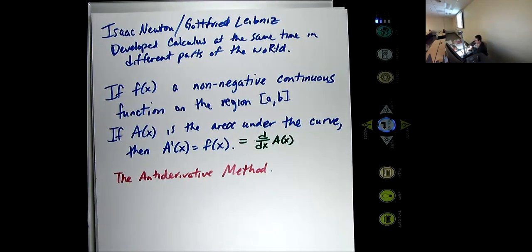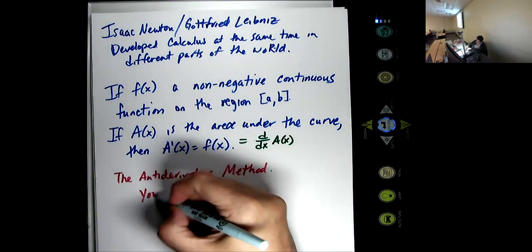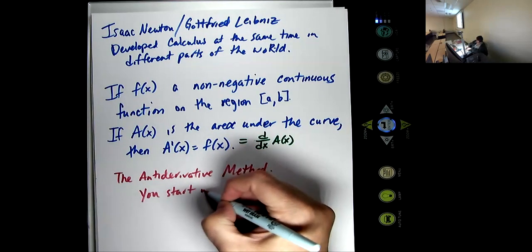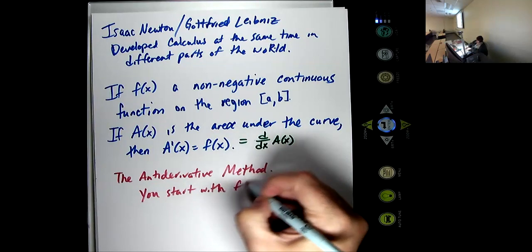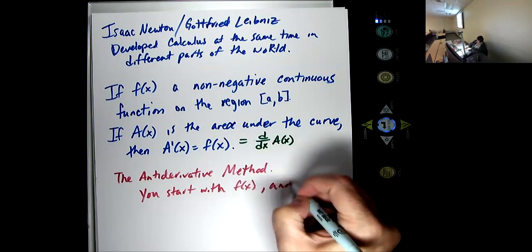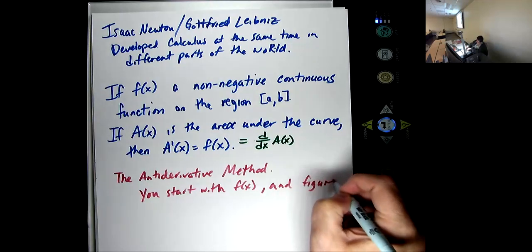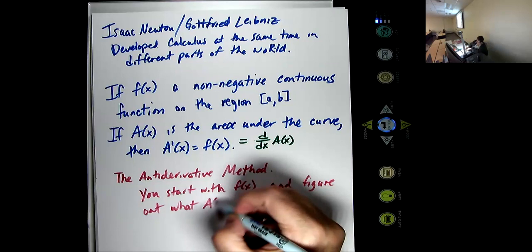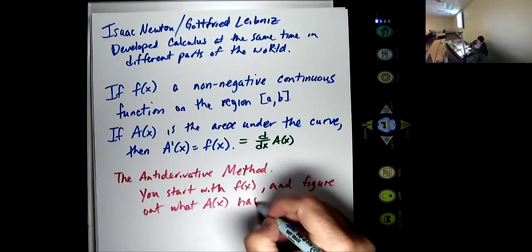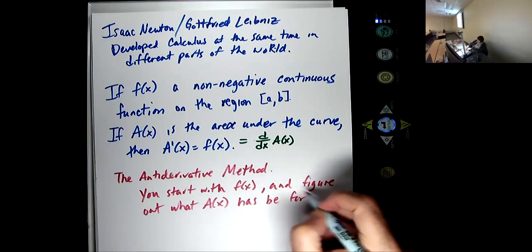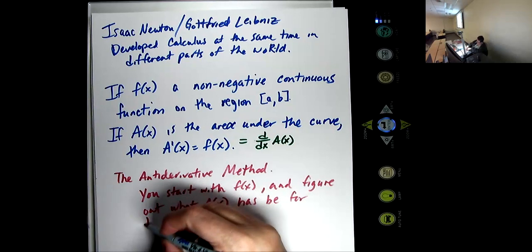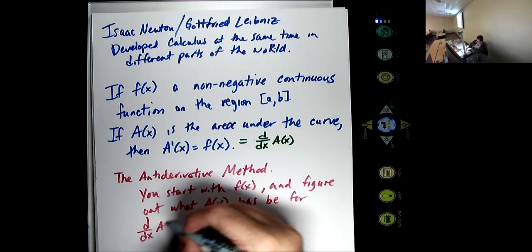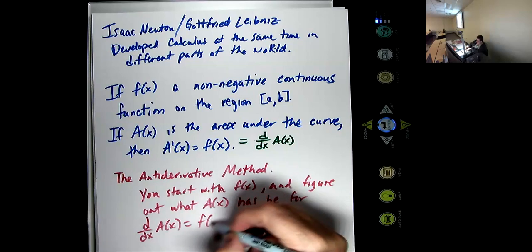Once we see that it works, you start with f of x and figure out what A of x has to be for the derivative of it to equal f of x.